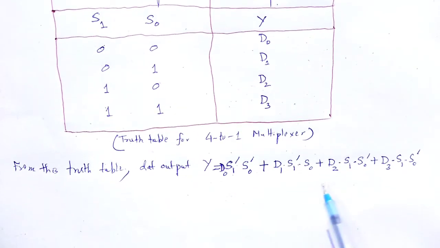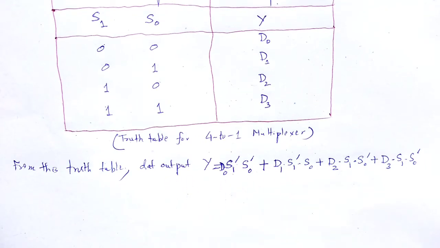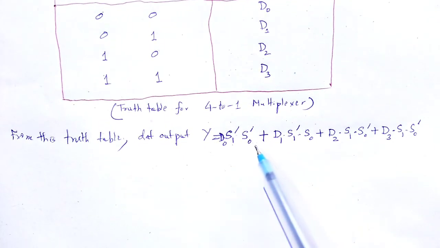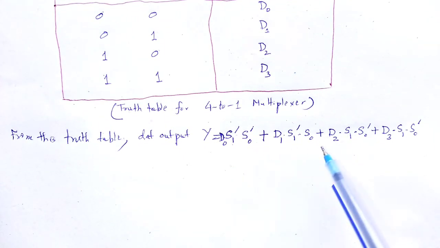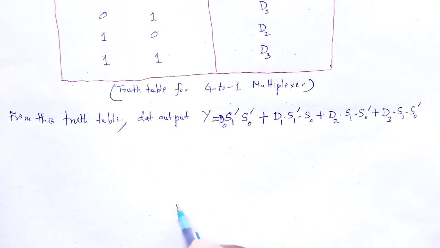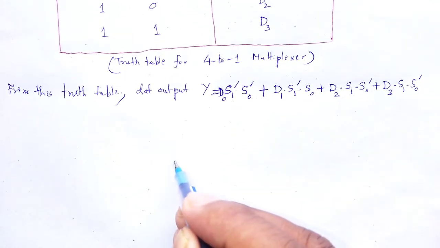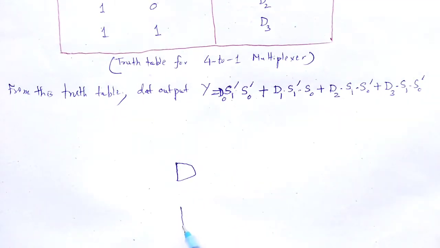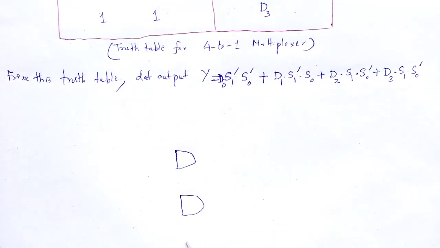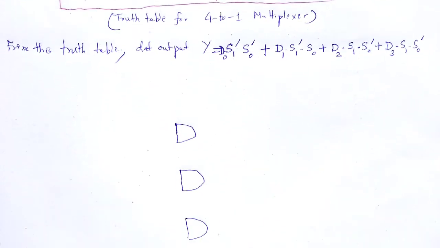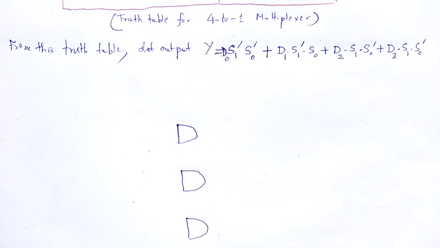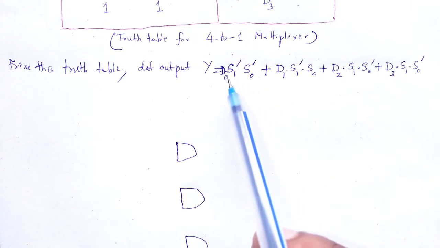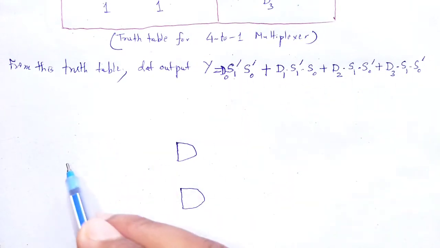From the Boolean expression we have to draw 4 AND gates. It has the inputs D0, D1, D2, D3 accordingly.